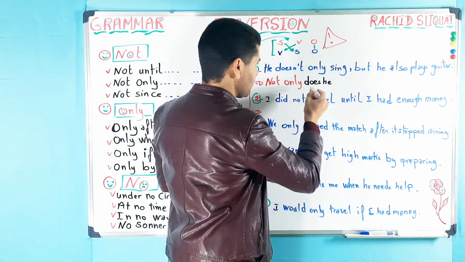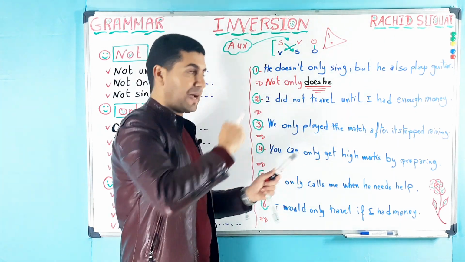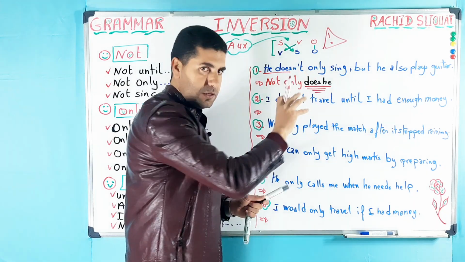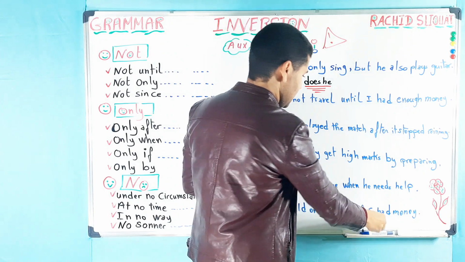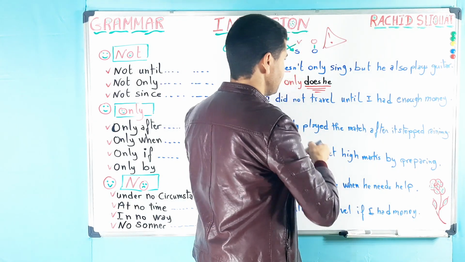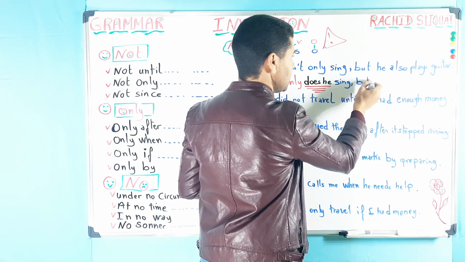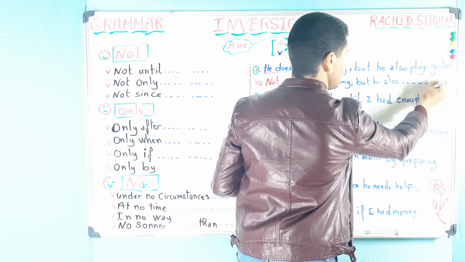As you can see, there is inversion here: does he, not he does. Here we have he does, and here we have does he. Not only does he sing, but he also plays guitar.